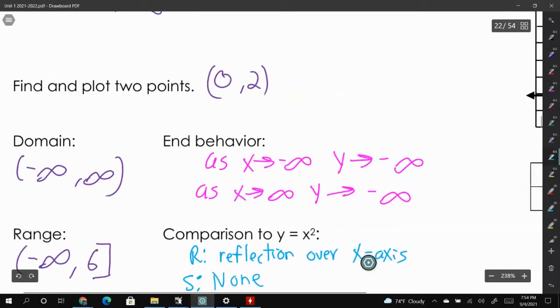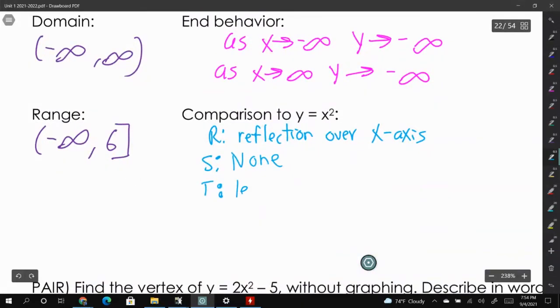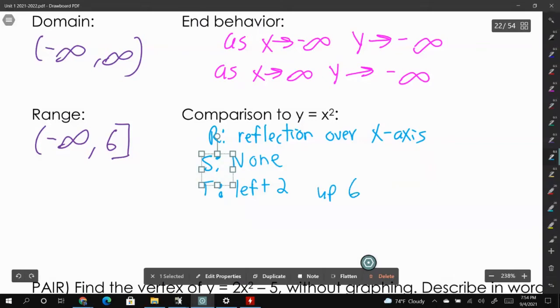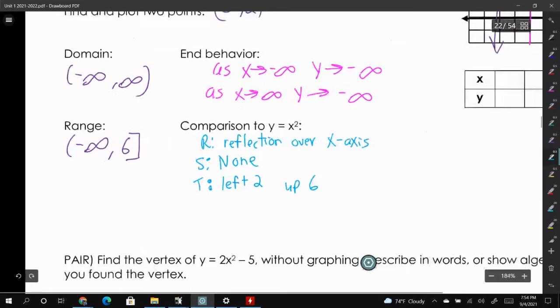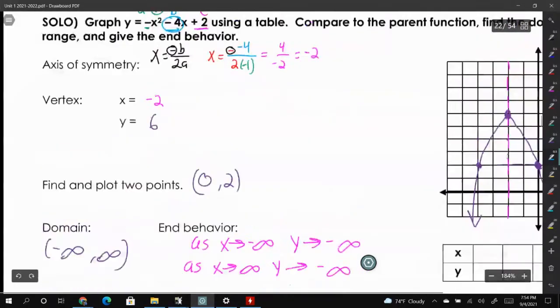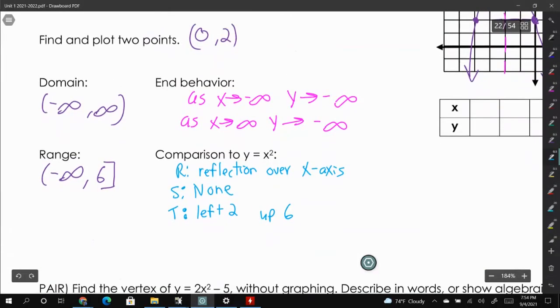Translation. Well, our vertex was negative 2 comma 6, so that means we were shifted left 2 and up 6. So we don't need vertex form to get our comparison. We can look at the a value. A was negative 1, and the vertex will tell you how this was shifted.